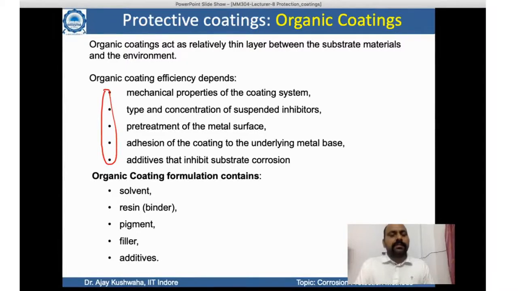So there are 5 parameters. What solvent is there, then what is the binder or the resin, then what is the pigment, then filler and additives. Based on these 5 we can have a variety of different organic coatings.